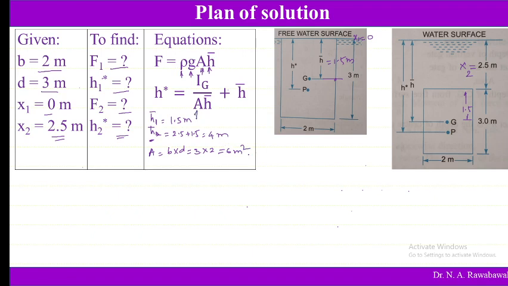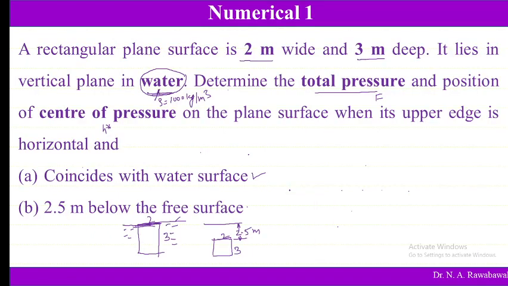So now we know area, we know h bar. Now we must know Ig. So Ig for this surface is given by B D cube divided by 12, which is shown in this chart.